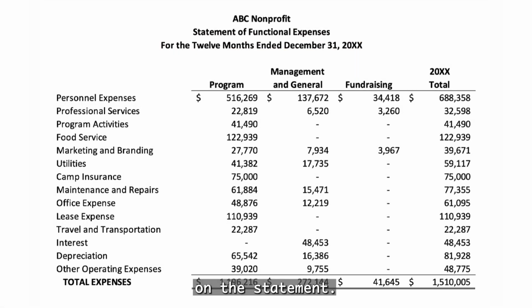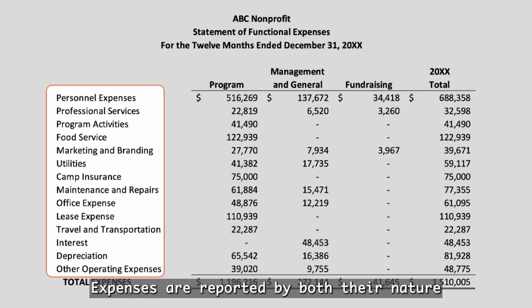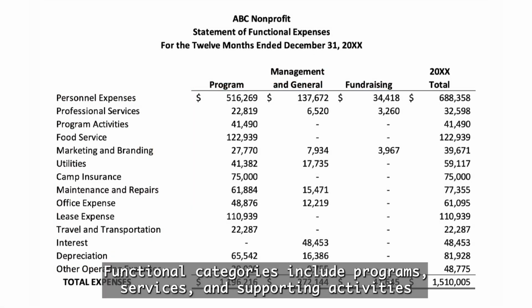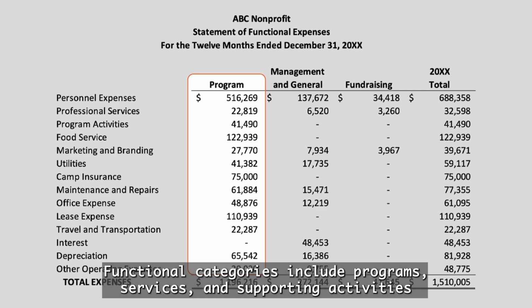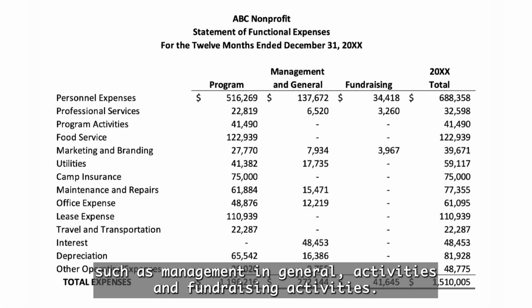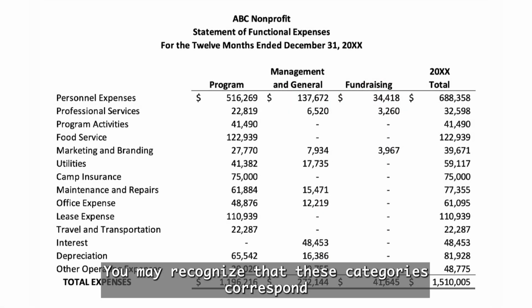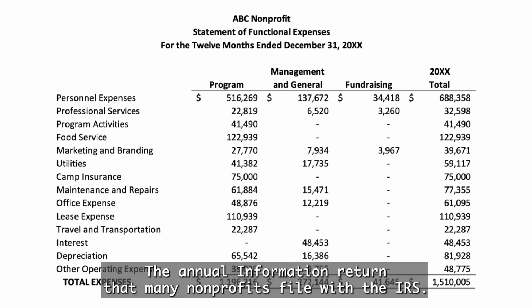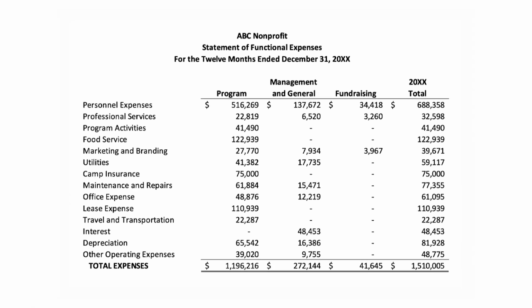On this statement, expenses are reported by both their nature and their function. Functional categories include program services and supporting activities, such as management and general activities and fundraising activities. You may recognize that these categories correspond to the functional categories listed on the Form 990, the annual information return that many nonprofits file with the IRS.